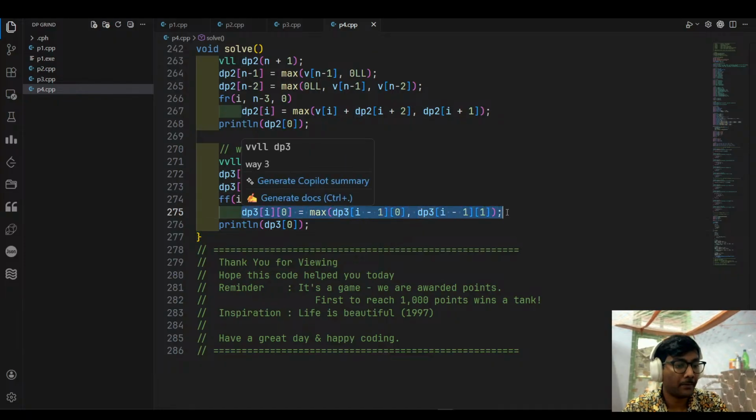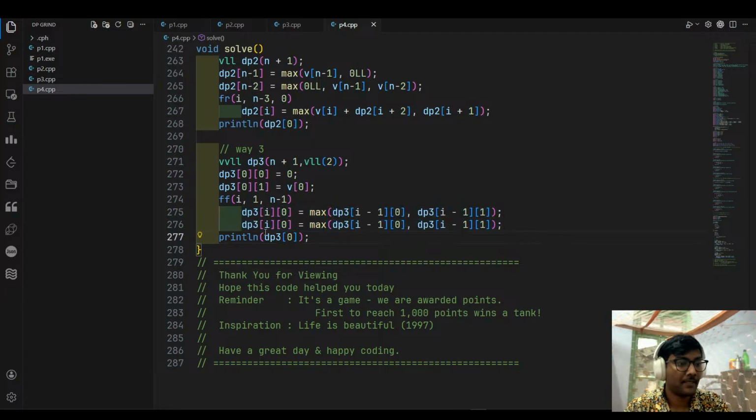If I've decided to pick up, then it should be dp3 of I1. And since I decided to pick up, it should be V1 or VI plus my DP3 I minus 1, which I have not picked up.